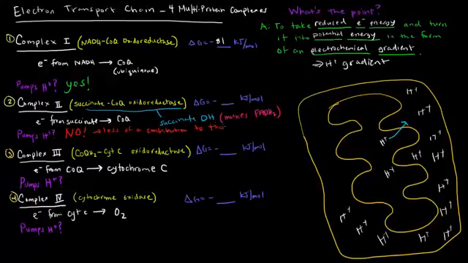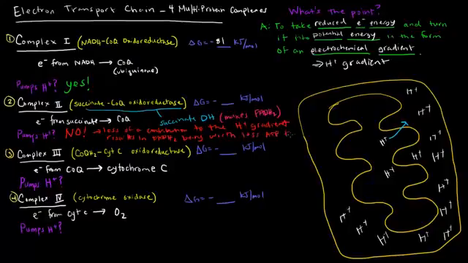So this is a lesser contribution to the proton gradient, right? That results in FADH2 being worth less ATP than NADH.